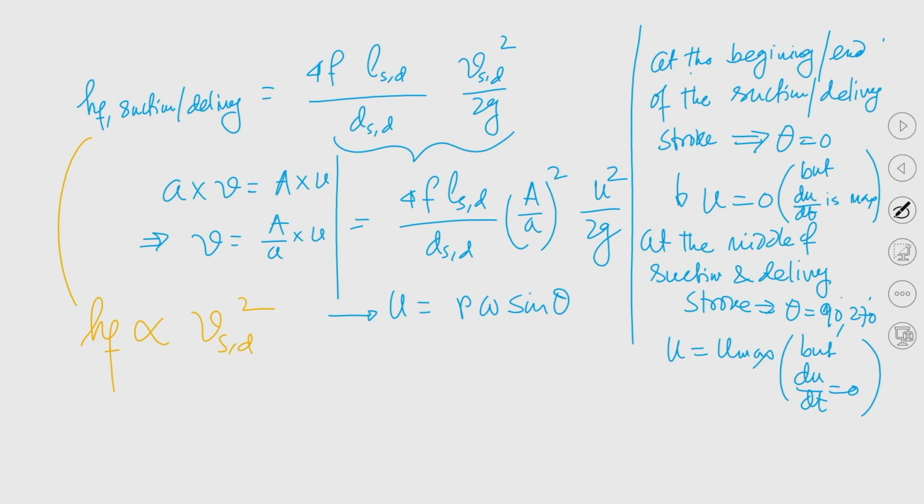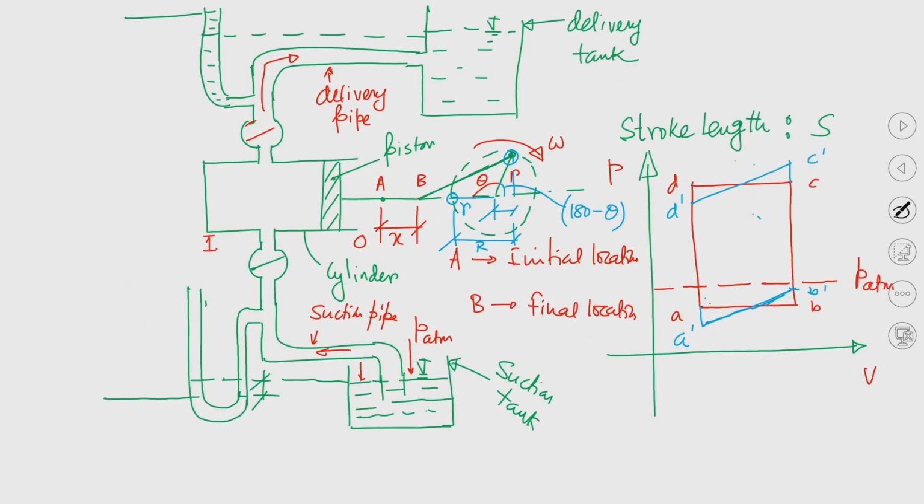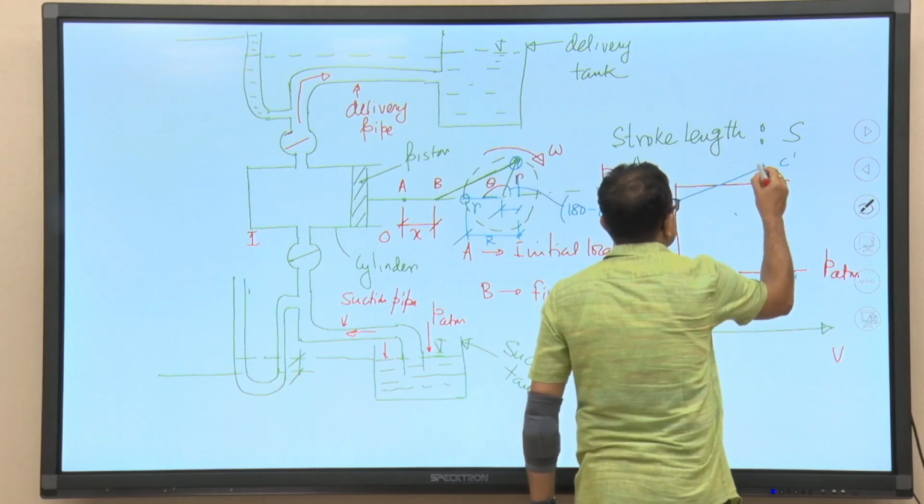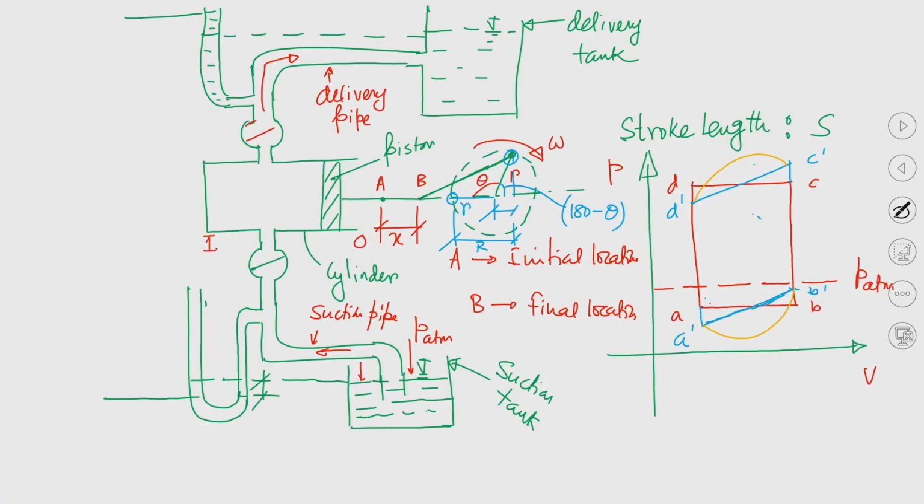So, the modified indicator diagram, which will be modified by this effect, will follow this nature of the curve, and if we superimpose, then this curve will be like this. So, this is a parabola and at the end and beginning it is 0 and this is maximum.